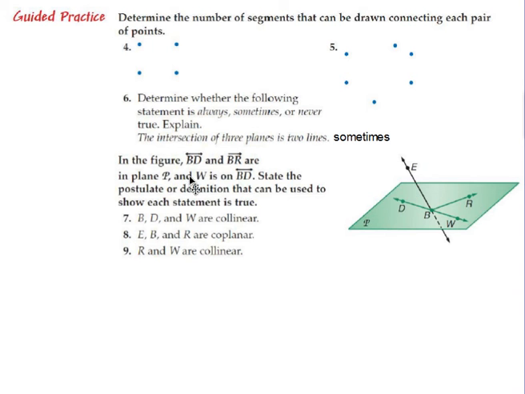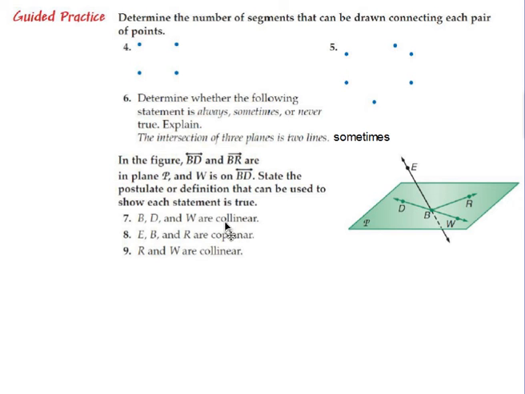And moving along, with W is on BD, correct, which is basically what I just talked about. State the postulate or definition that can be used to show each statement is true. So all those postulates you copy for notes, all you got to do is just pretty much match them. So for this one, B, D, and W are collinear.